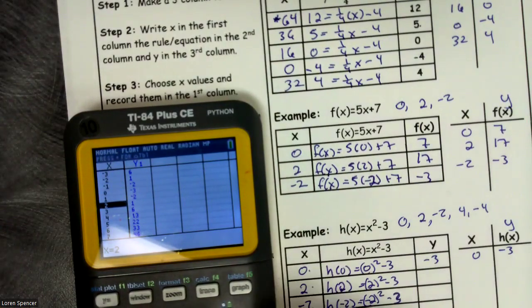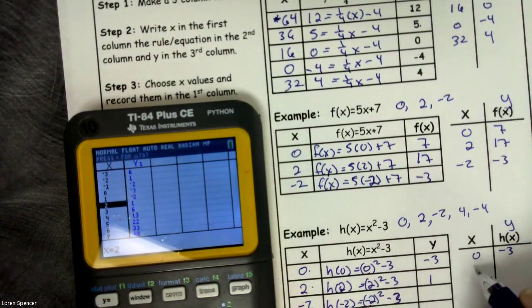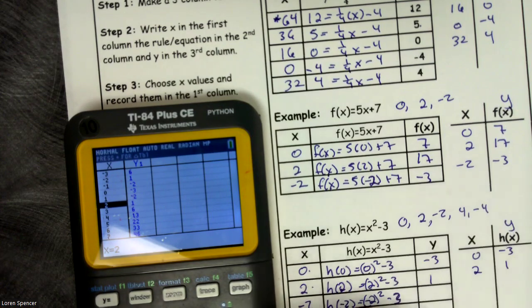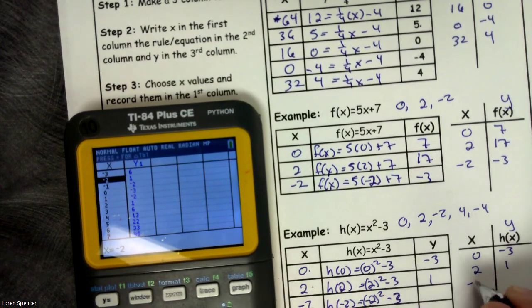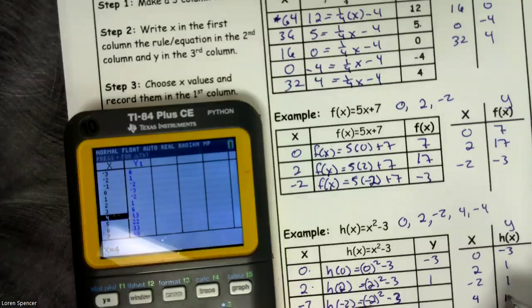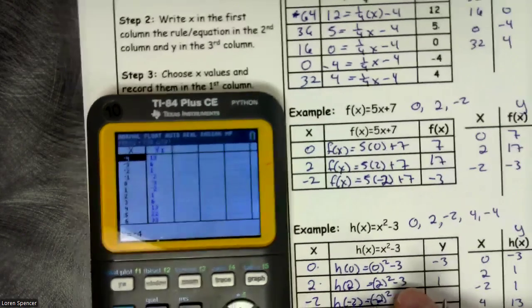Then we're going to go to 2, and when this 2, we have 1. And when it's -2, we also have 1. Then we're going to go to 4, and we have 13. And the next one, last one, we'll go to -4, and we scroll up, and we're also going to get 13.